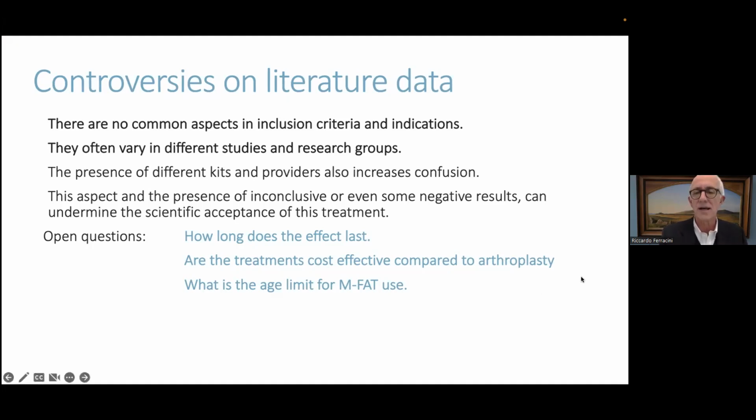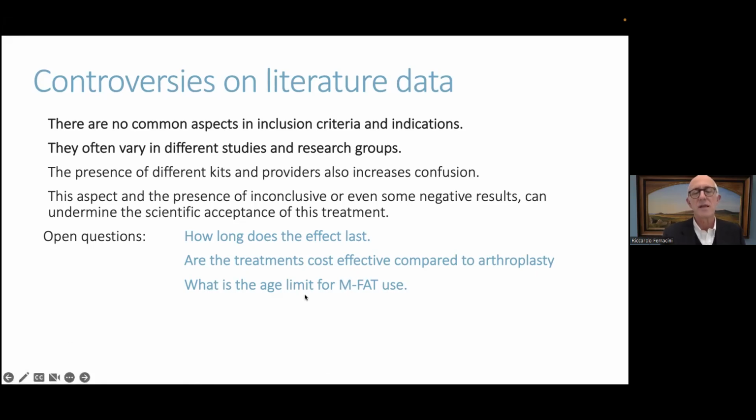Is it worthwhile in order to avoid arthroplasty? Arthroplasty is very expensive, and the complications of arthroplasty are even more expensive. My idea is that they'll come out with some results in this area very soon, and if we can afford it, we must treat many patients with the right indication with this device.